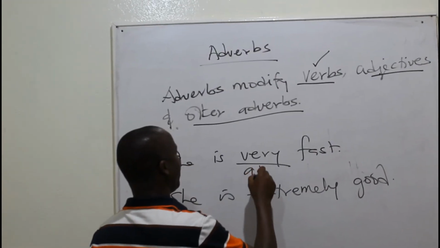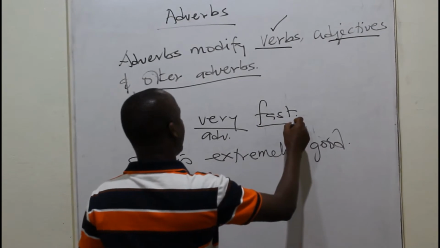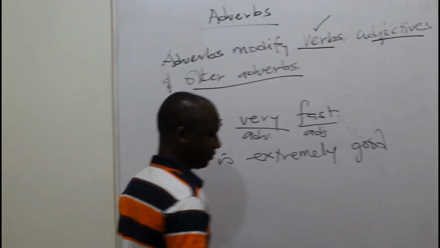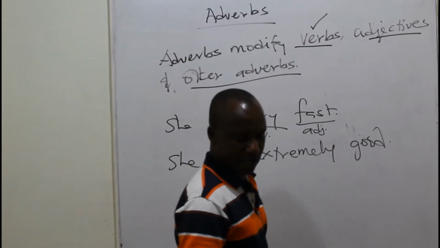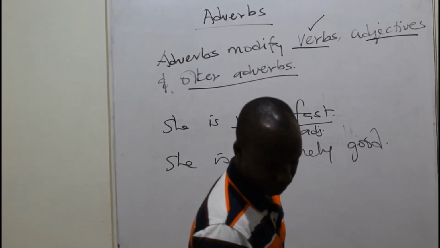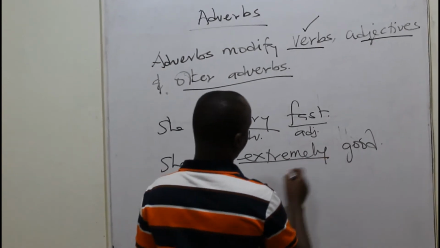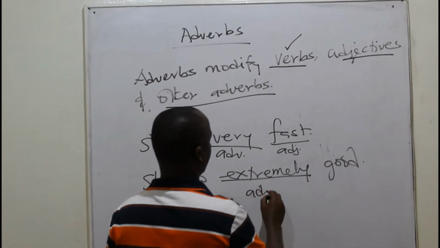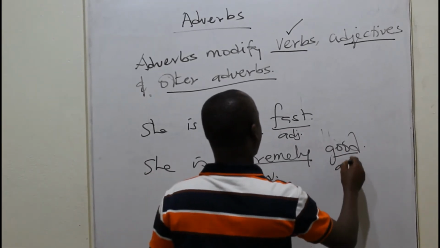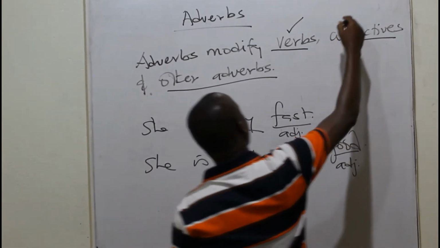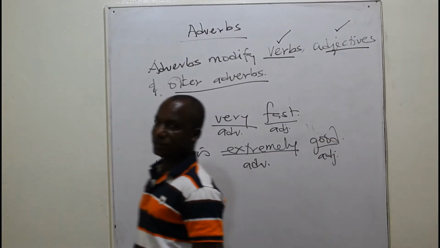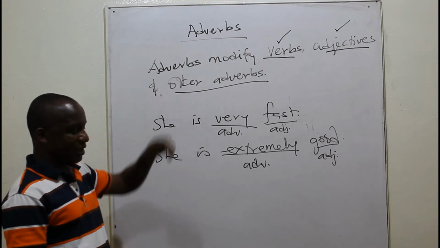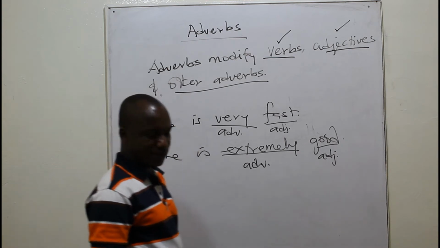Very here is adverb, and fast here is adjective. Then extremely is adverb, and good here is adjective. So the second part of our definition is authenticated, that adverbs modify adjectives.